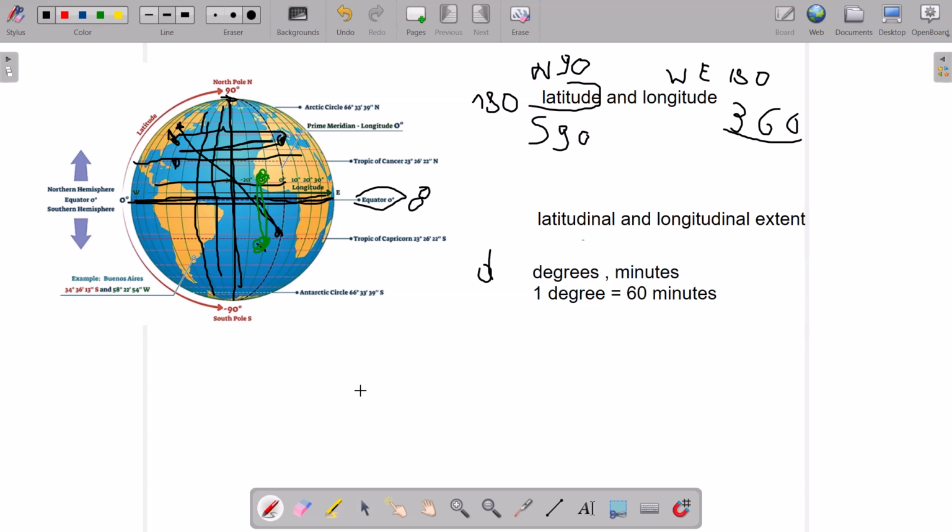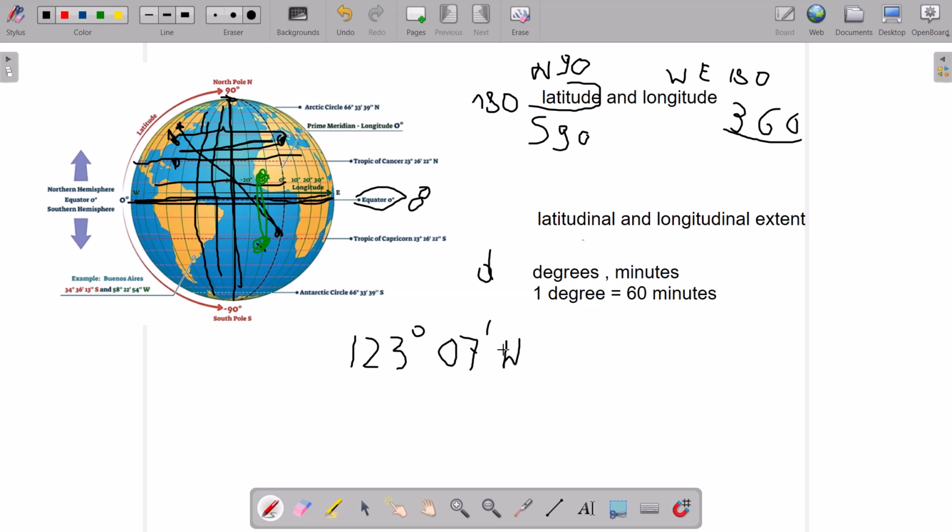Okay, let's have a point. We have one point like that. Let's say we have a point 123 degrees and 7 minutes west.